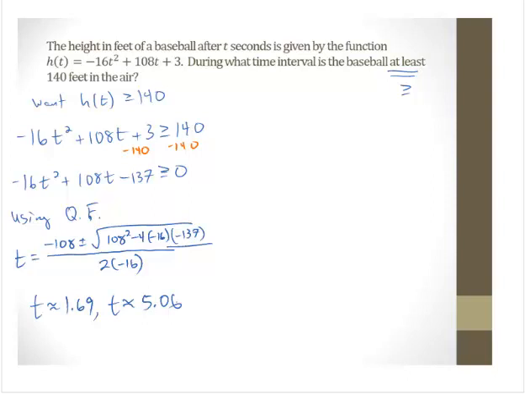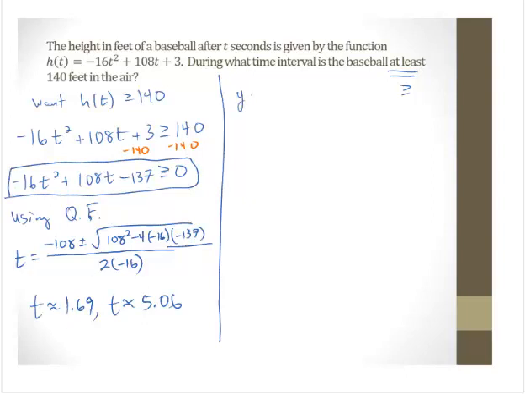So now we have those, and I'm going to use a graphical point of view here. If we think of this inequality, we now know that if I was to graph y equals negative 16t squared plus 108t minus 137, it has x-intercepts at 1.69 and 5.06.